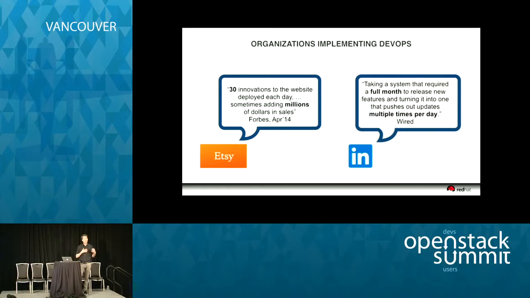It's about enabling the business to rapidly respond to changing market conditions, customer feedback, and get that product into production quickly. And when you have that, IT really becomes a competitive advantage and a differentiator for the overall business.